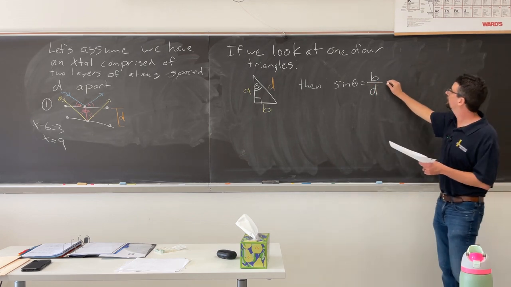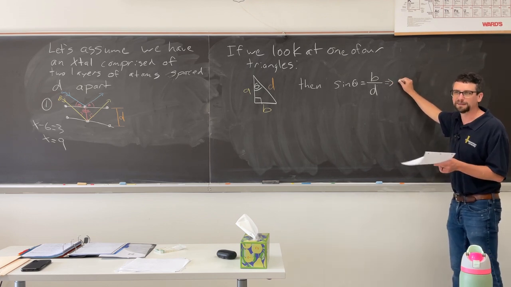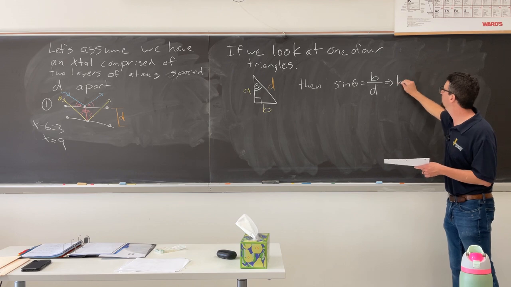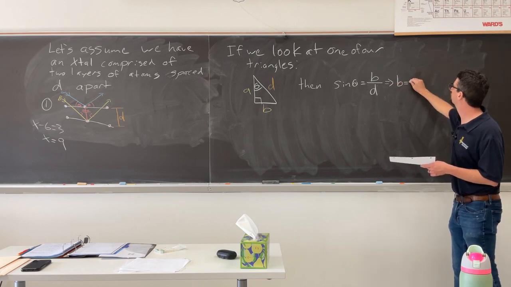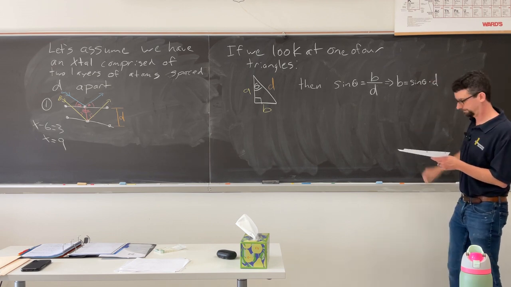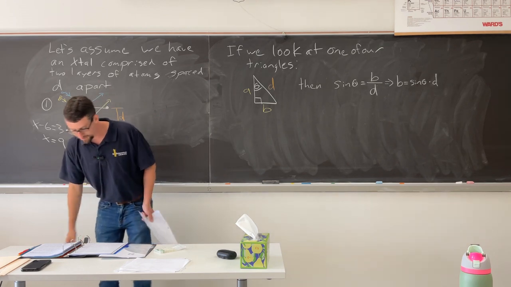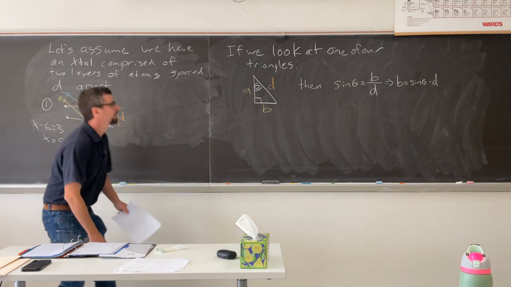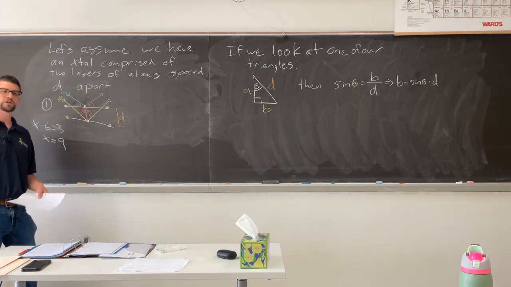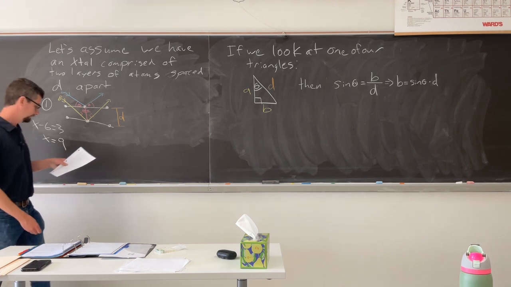Let's manipulate this around. Let's solve. We're going to get to D in a minute. But what is B equal to? Yep, sine of theta times D. Okay. How many triangles do we got here?